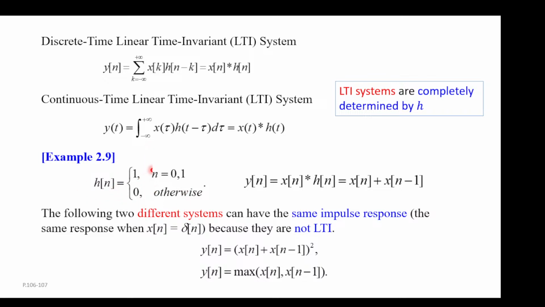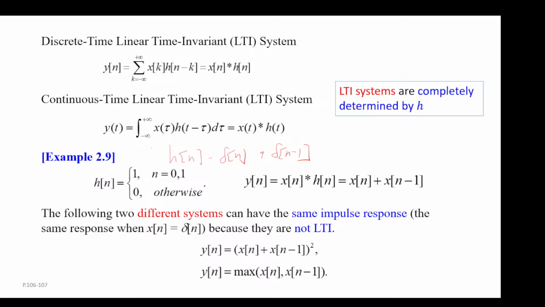The impulse response is basically two delta functions: 0 everywhere and 1 at n equal to 0 and 1. Let me write. So h of n has two spikes at 0 and 1, so h of n is basically delta of n plus delta of n minus 1.